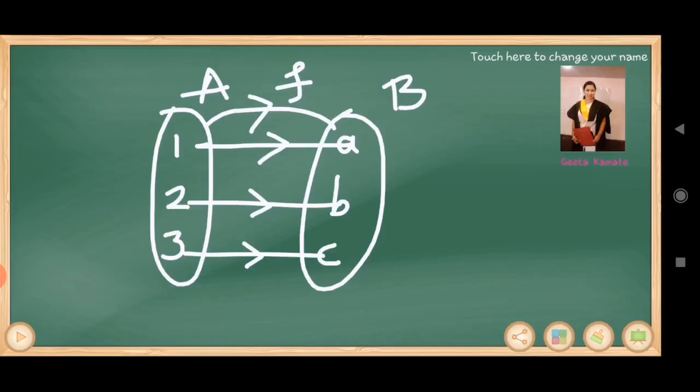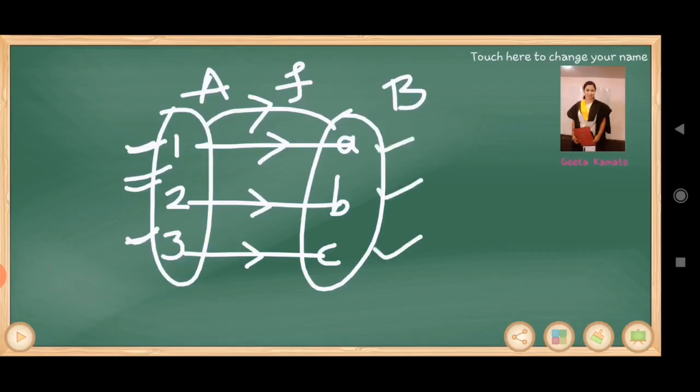These are all different elements, and their images are: 1's image is A, 2's image is B and 3's image is C. Means all the different elements of the domain have different images.